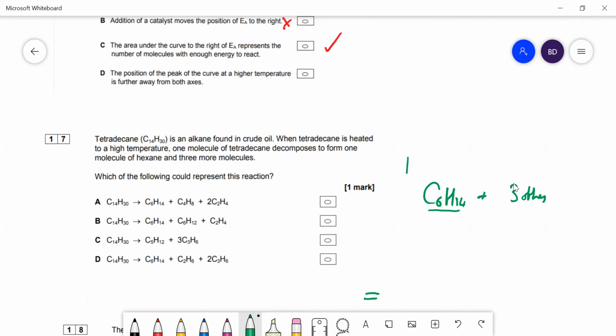Right, so we can eliminate C straight away because it doesn't make any hexane, but A, B, and D do. It says 3 other molecules. Well, A is possible because it's making 1 of that and 2 of that. That's okay. B is wrong because it's only making 2 other molecules. But it could be D or it could be A. So let's see which one is correct.